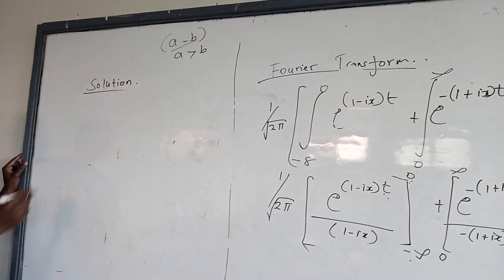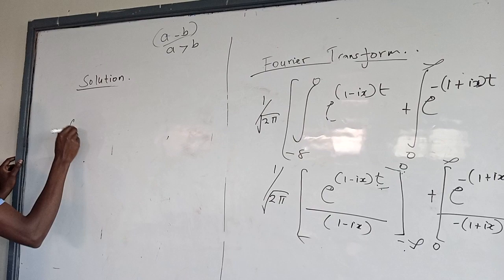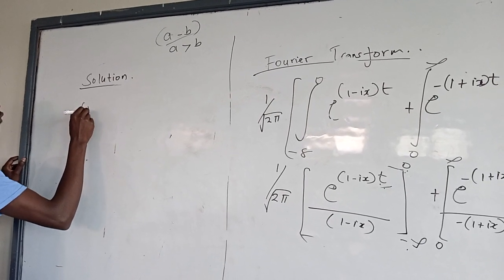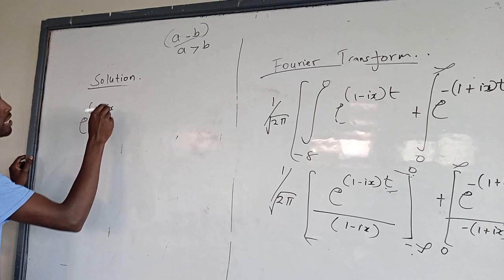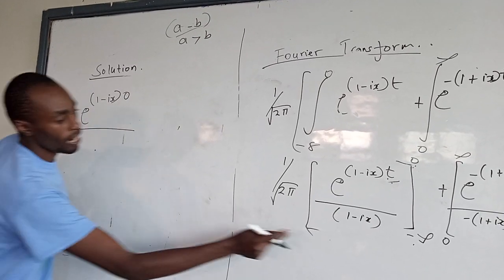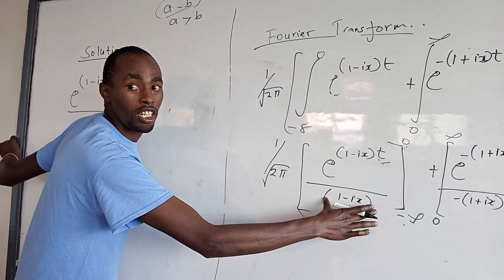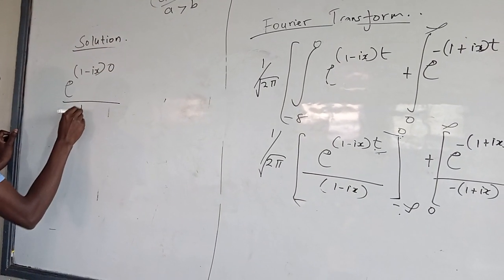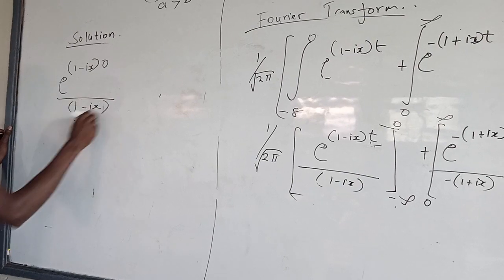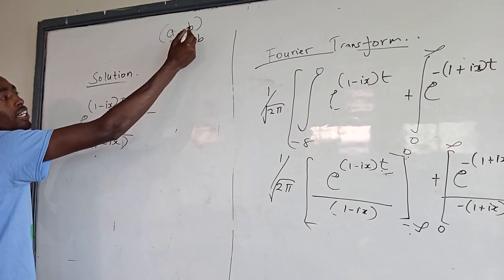So t we are going to replace with 0, so it will be t times 1 minus ix replaced with 0. And remember at the denominator we don't have t, so it is going to be 1 minus ix. Are we together? I've told you it is a minus b.